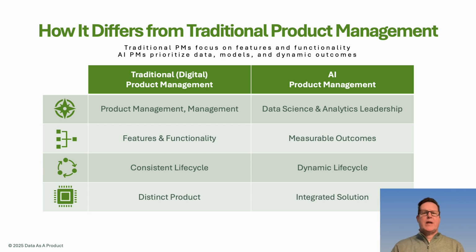And lastly, AI products require ongoing maintenance and improvement. As an AI product manager, you'll also need to educate your team and stakeholders about the importance of setting up and building observability and monitoring, along with retraining, crucial steps to maintaining the reliability of your product. These differences make AI product management both challenging but very exciting.